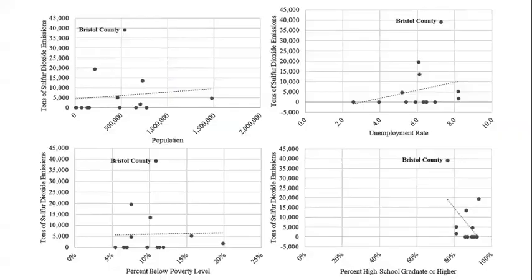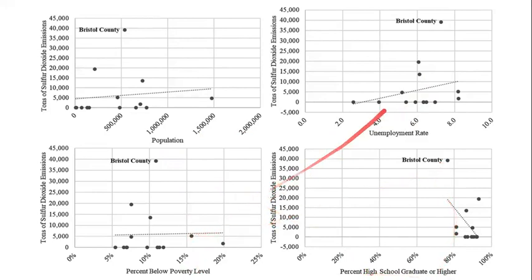The reason Bristol County is chosen as our low socioeconomic status community, the relative community with disproportionality, is because, as you can see here in the scatter plots, Bristol County shows, relative to its amount of emissions, the tons of sulfur emissions, certain demographics that we're able to get, which include population, unemployment rate, percent below poverty, and percent of high school graduate or higher.